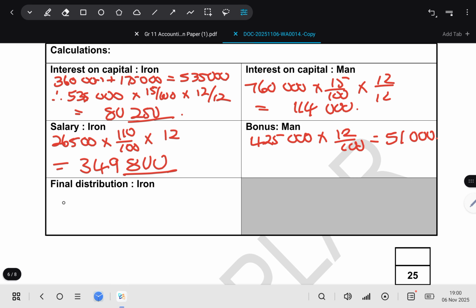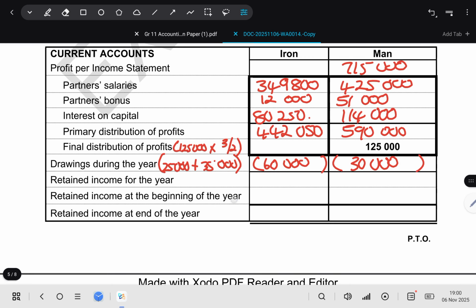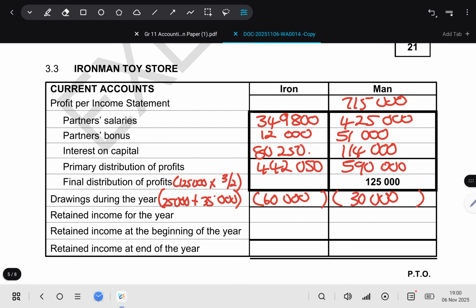So it will be 125,000 multiplied by 3/2. It gives us 187,500. So that 187,500, we are going to write it here as final distribution.